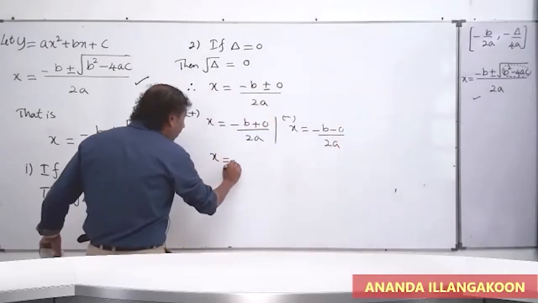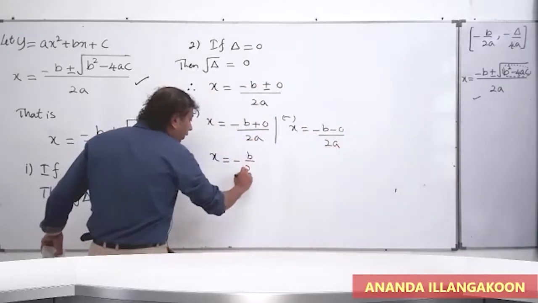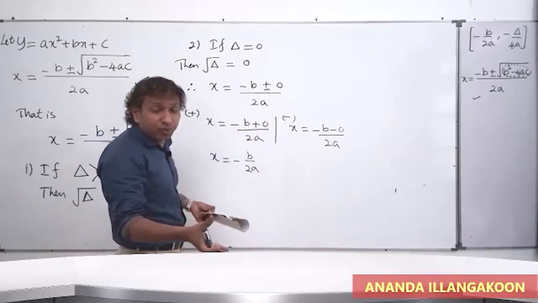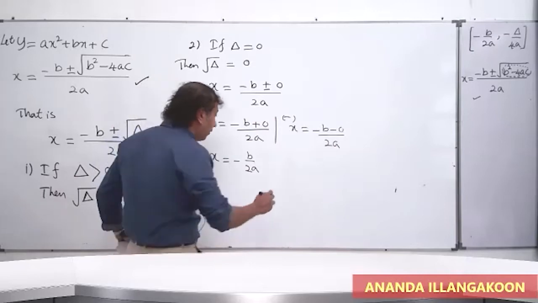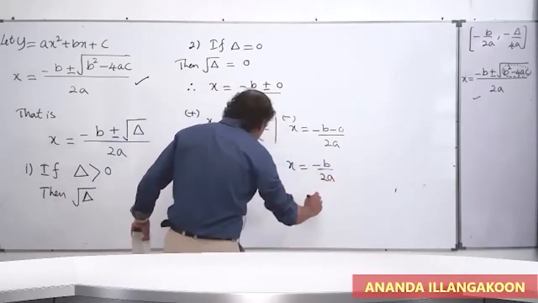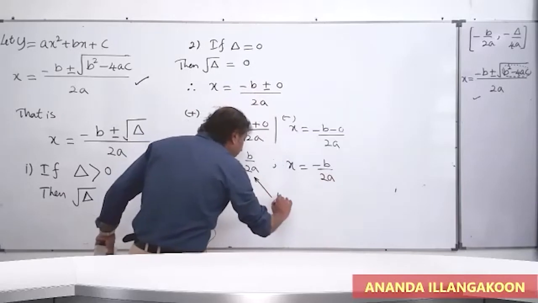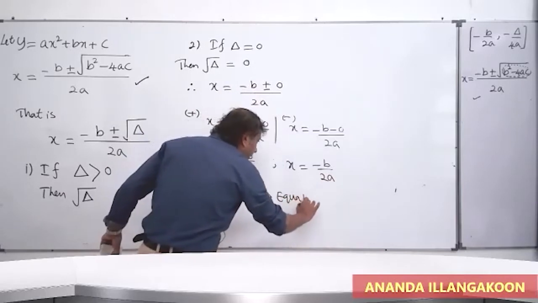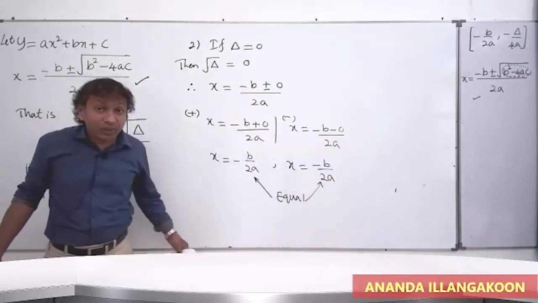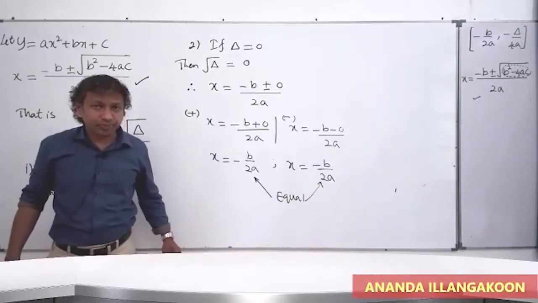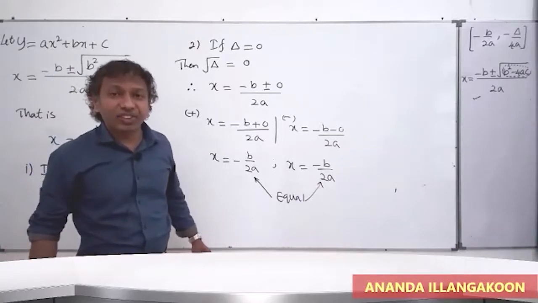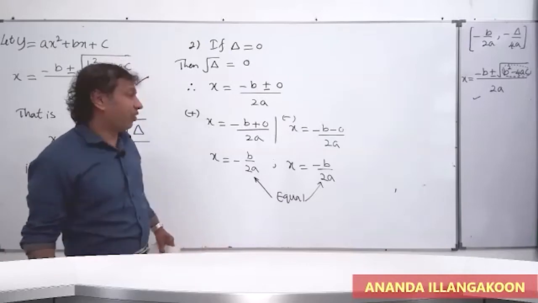Both values are minus b by 2a, because when we add 0 to something or subtract 0 from something, it never changes. The two values we get for x are now equal, people. That is the case: real coincident roots. Write down.